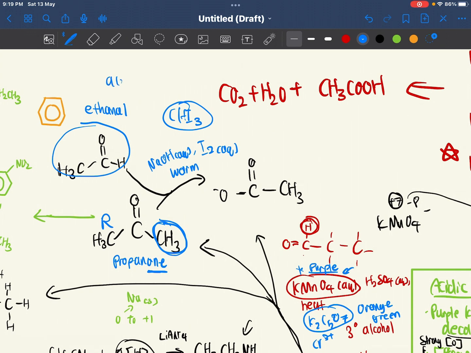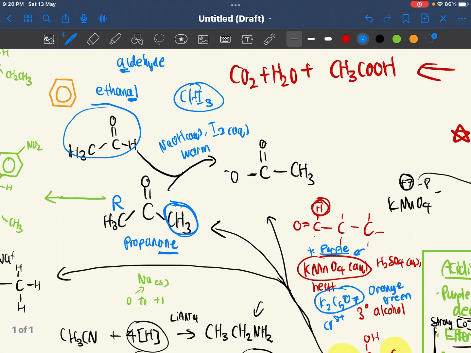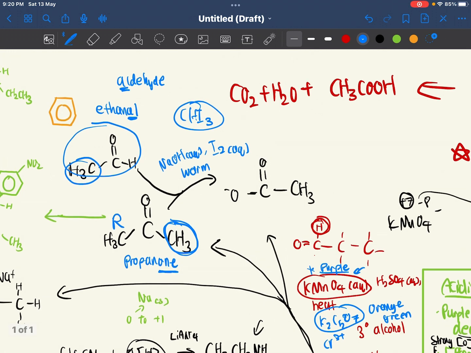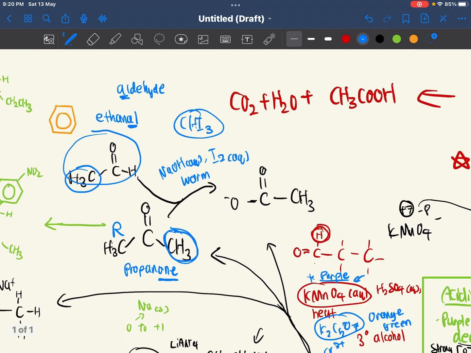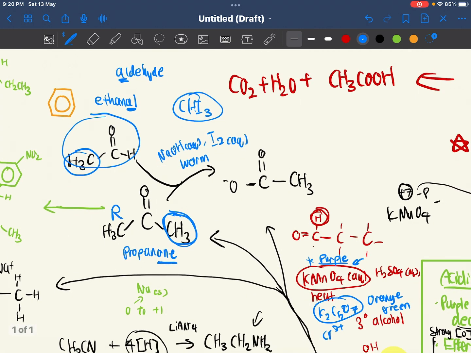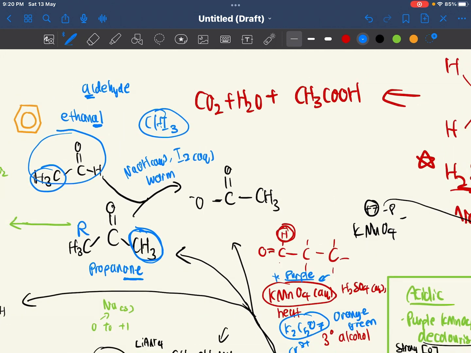Because it's an aldehyde, we end with -al. But because ethanal has a methyl group over here, that's why it can undergo this iodoform formation. All the rest of the aldehydes cannot undergo this reaction. Only ethanal.